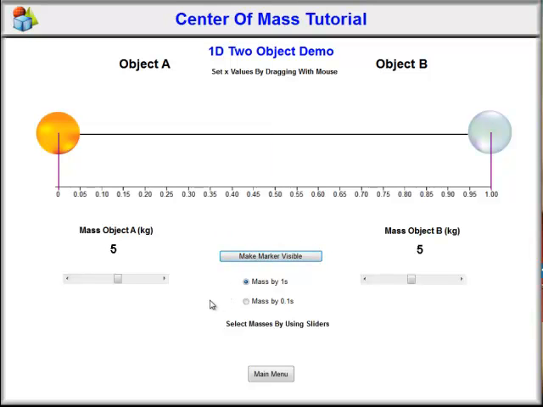You can make that marker invisible and then say, well, gee, if we make the mass such and such, where would the marker show up? And then see whether or not the students have calculated it correctly.